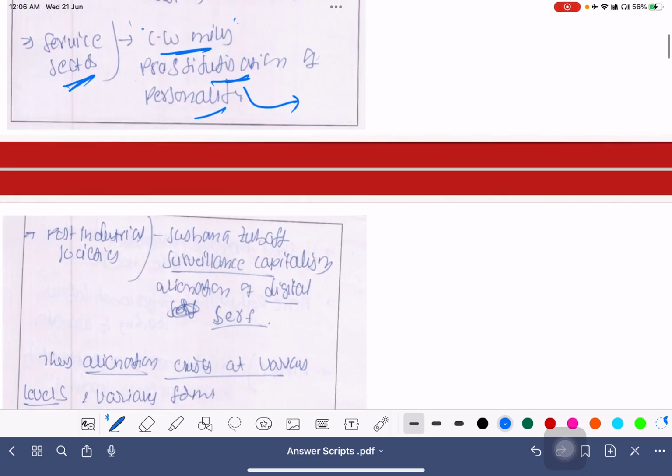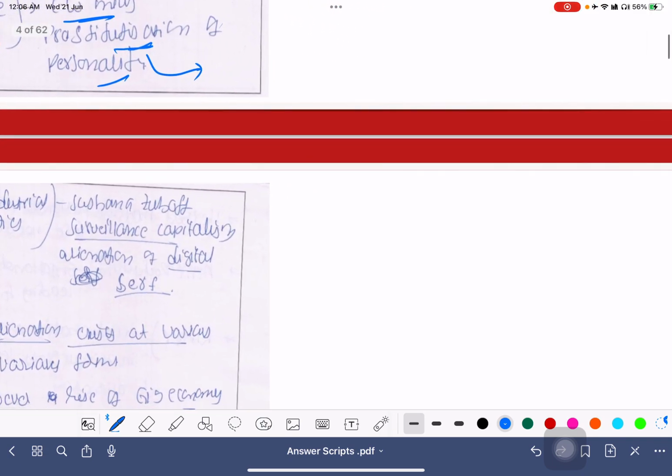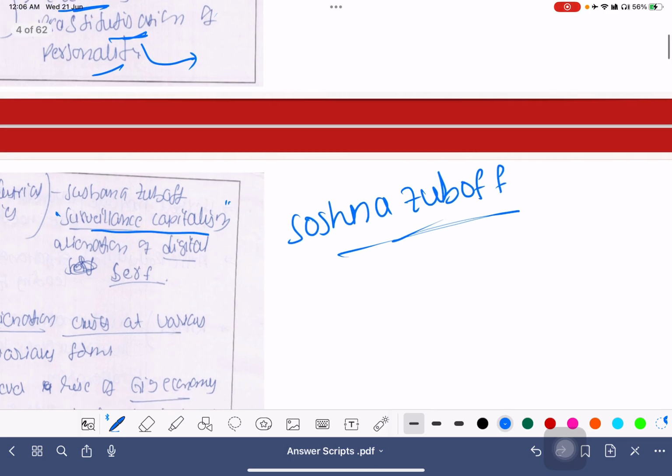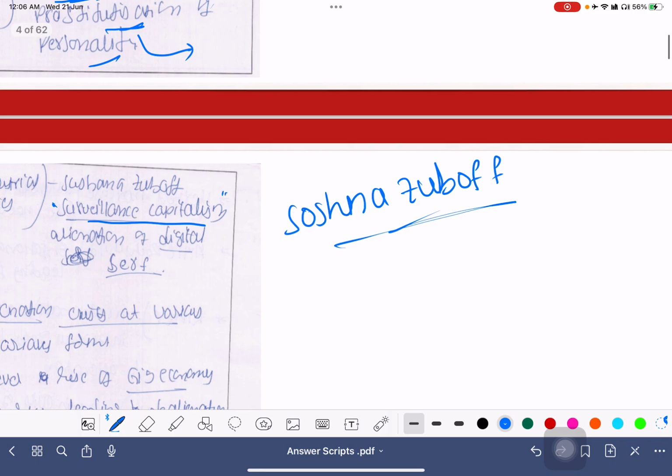In fact, in post-industrial societies, Shoshana Zuboff has a very nice book, Surveillance Capitalism. In her book, she talks about surveillance capitalism. What is surveillance capitalism, sir?